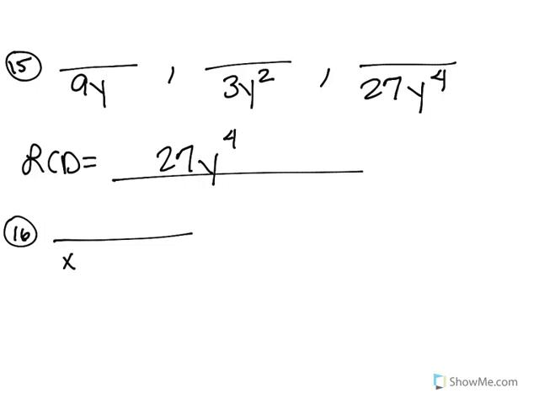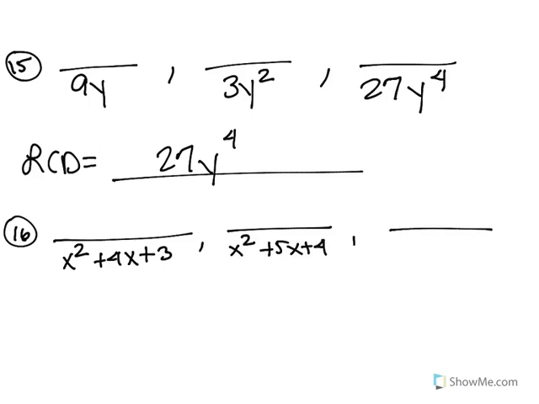16, I got x squared plus 4x plus 3. Then I have x squared plus 5x plus 4. Then we have x squared plus 7x plus 12. Obviously, we got to do what? Factor. And these little factors.